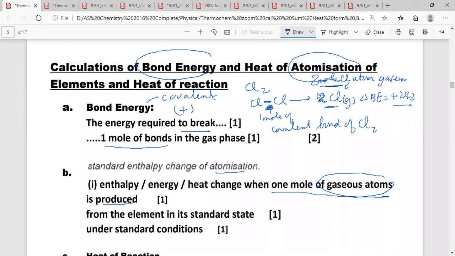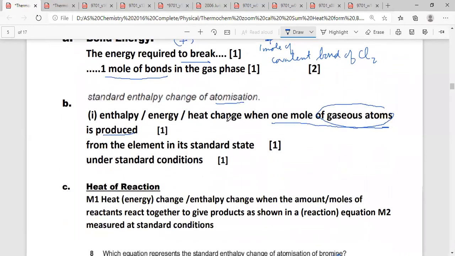But the heat of atomization is the heat change when 1 mole of gaseous atoms is produced. Talking about chlorine, Cl2, I must form 1 mole, 1 mole of gaseous atoms only, produced from its element in standard conditions. That means chlorine is a gas here, because if it's iodine, it would be different.